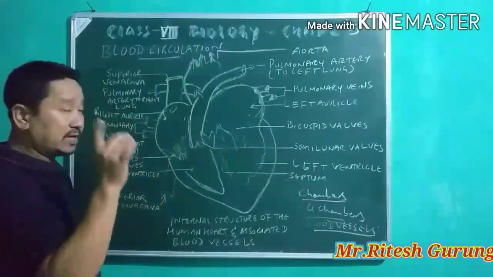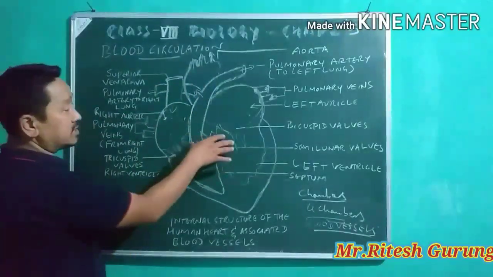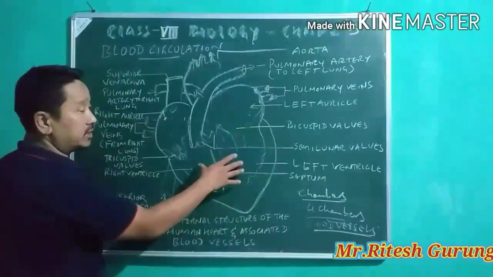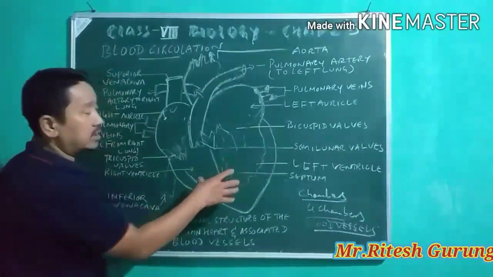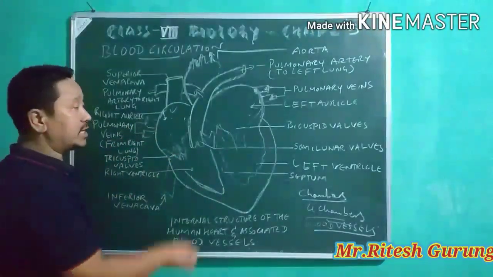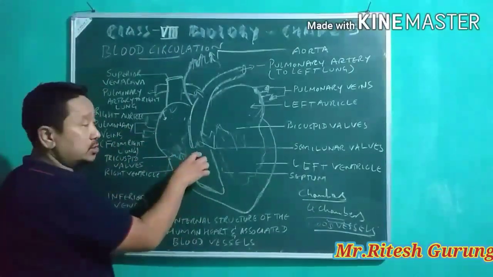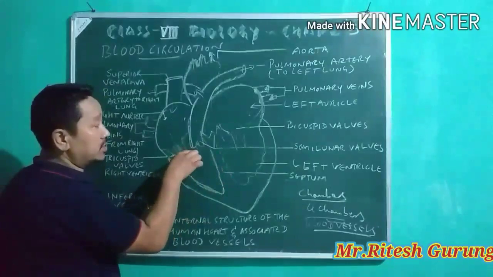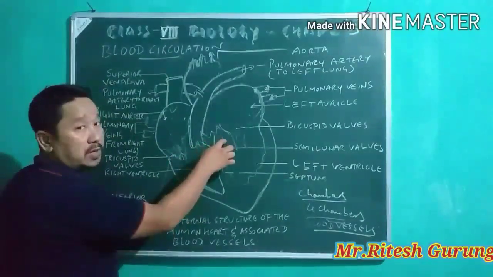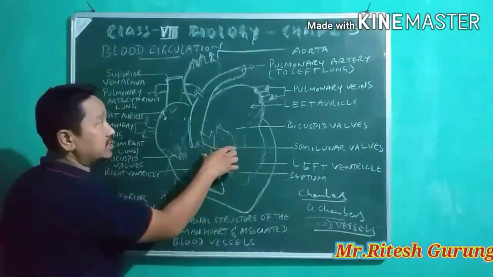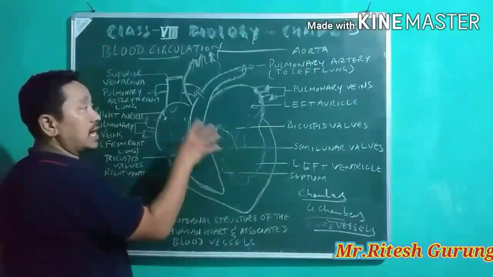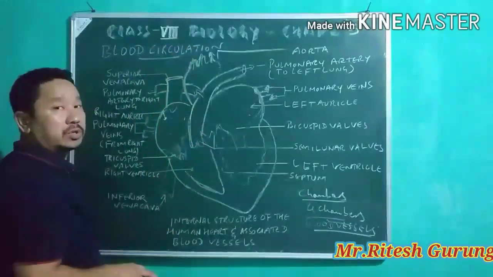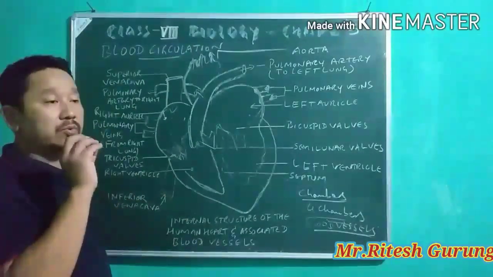Alright, let me tell you once again. Once the blood is collected here in the ventricle, it will contract. Once these ventricles are contracted, these two different kinds of blood, the impure blood here and the pure blood here, are pushed out to the different parts of the body. So which are the different parts?